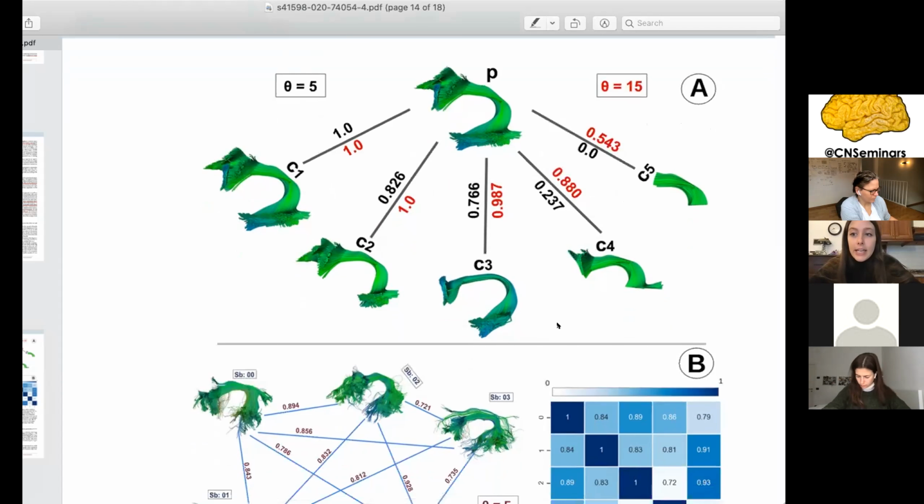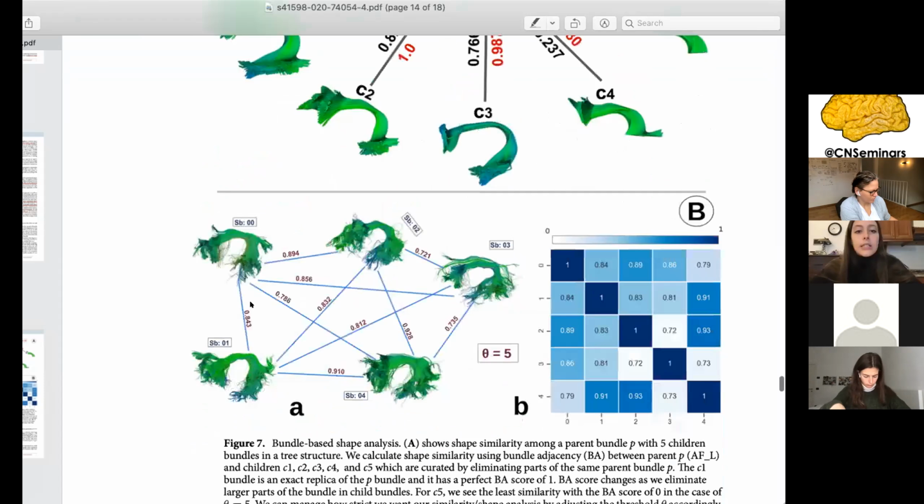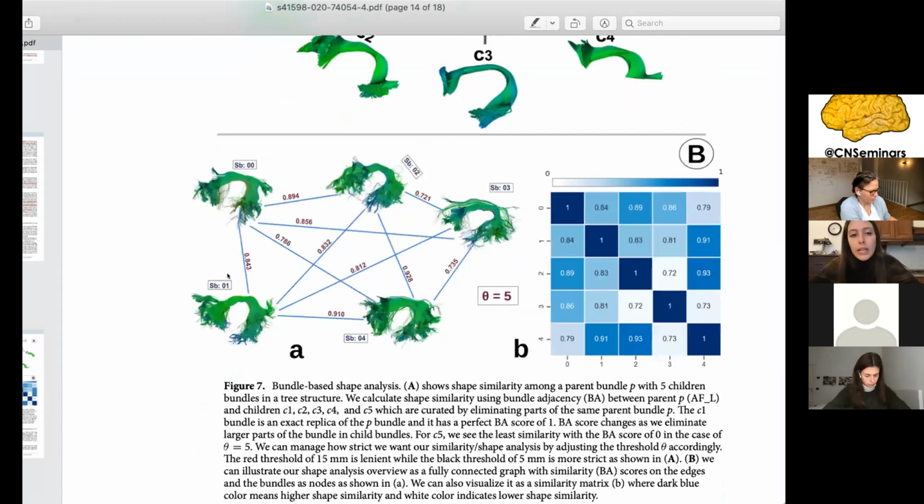And then what you can have with this analysis is a graph that connects all the bundles that we compare. So let's say in a whole population, you can see how the bundles differ between each subject and the degree of their similarity.